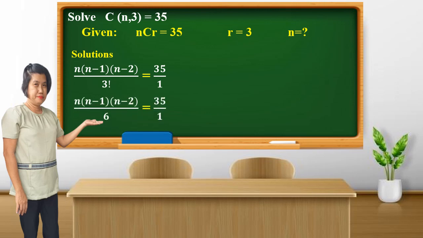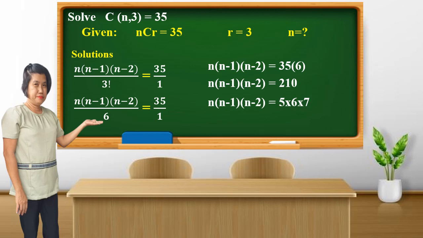And that is n times n minus 1 times n minus 2 divided by 3 factorial, which is 6, is equal to 35 divided by 1. By using cross multiplication, we will have n times n minus 1 times n minus 2 is equal to 35 times 6, which is 210.